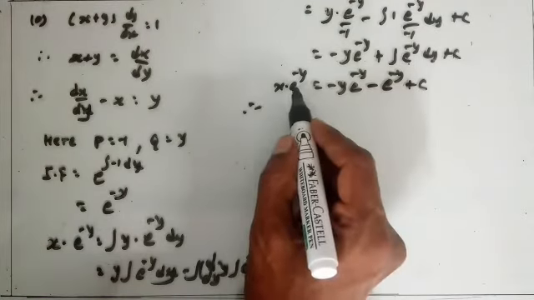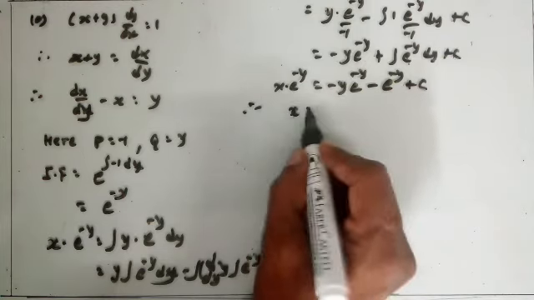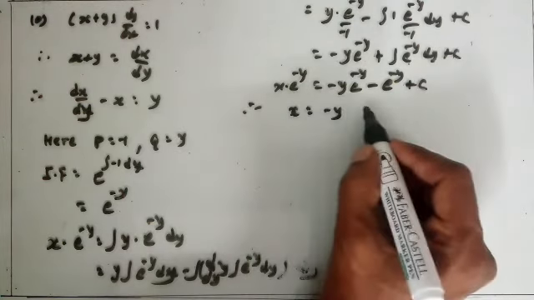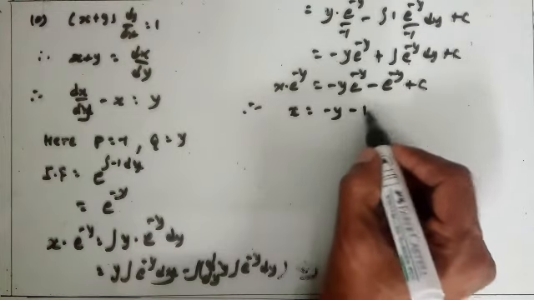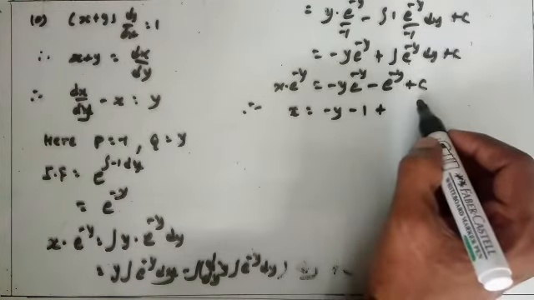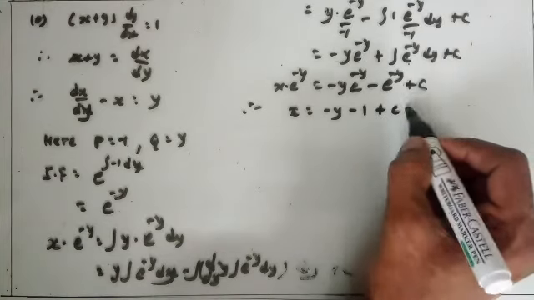Now dividing by e^(-y), we get x = -y - 1 + c/e^(-y), which is x = -y - 1 + c e^y.